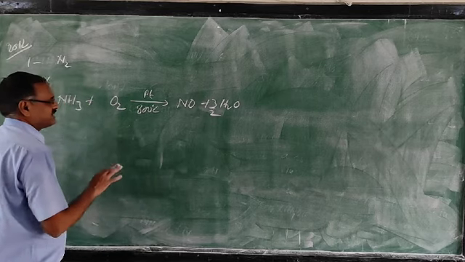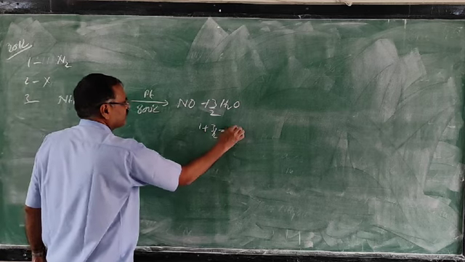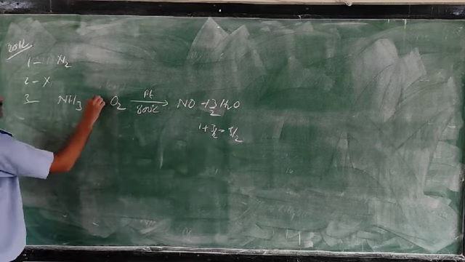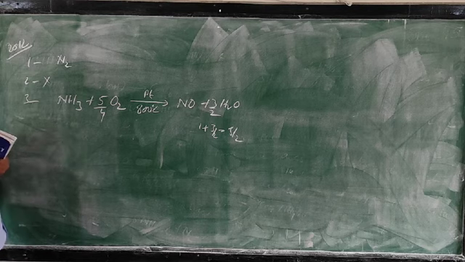Now hydrogen is balanced. For oxygen, 1 plus 3 by 2 is 5 by 2. How can we make it 5 by 2? By multiplying by 4. Now the whole equation can be multiplied by 4 to remove the fraction.